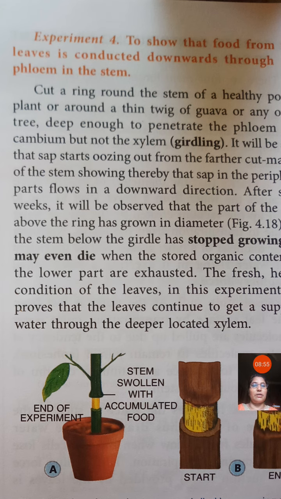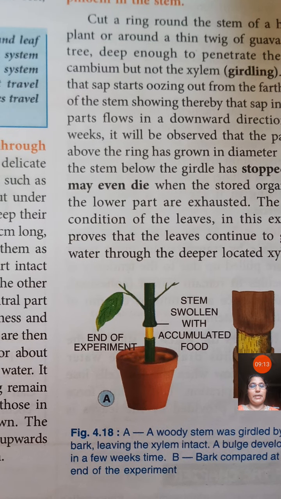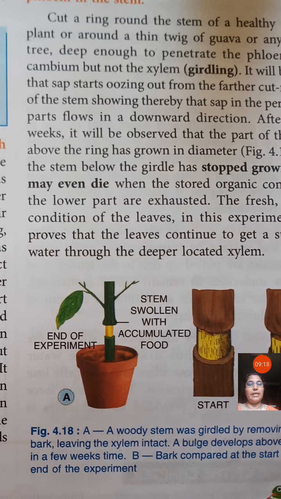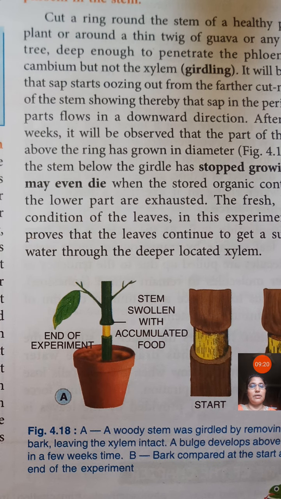Then after a week, or 5 to 7 days, keeping the plant like that, we can see that at the end of the experiment the leaves remain healthy because the leaves in the upper part of the stem get enough water and minerals through the xylem vessels.